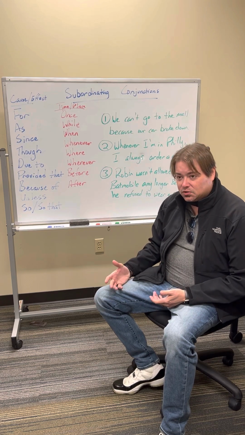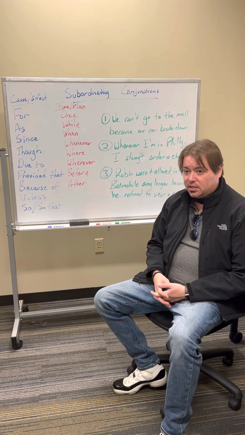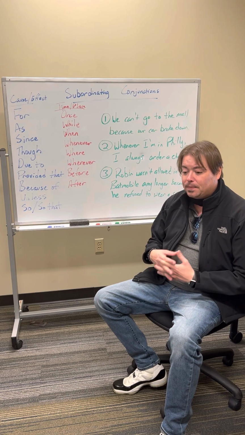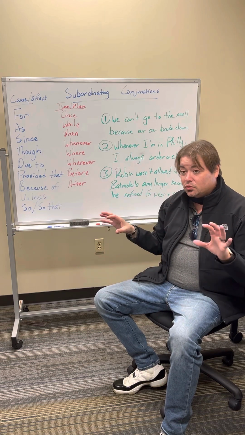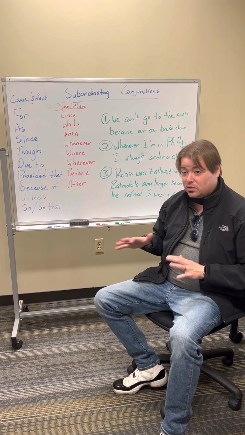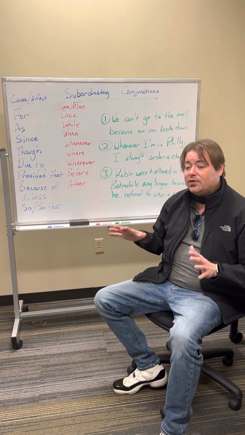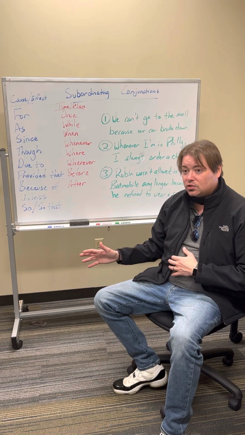And coordinating conjunctions join together 2 independent clauses. The way that they do that is through 2 statements that could stand alone as their own sentences, but they're joined by a comma and one of those coordinating conjunctions.